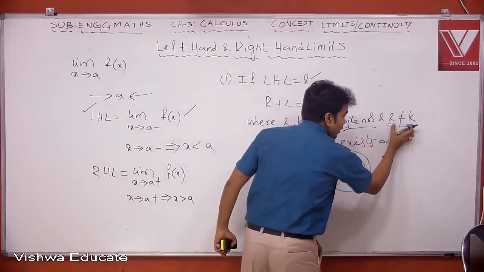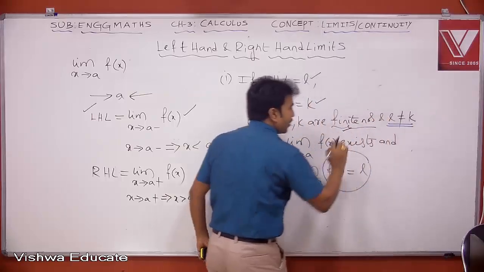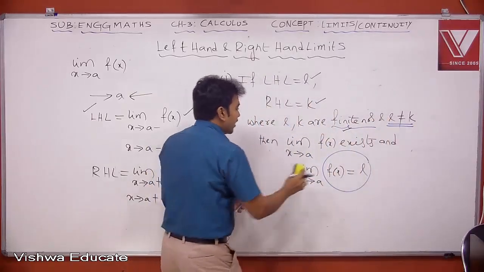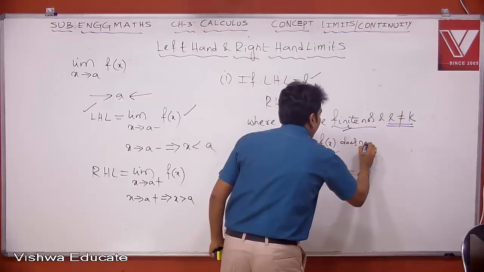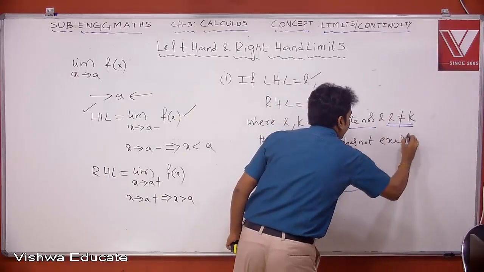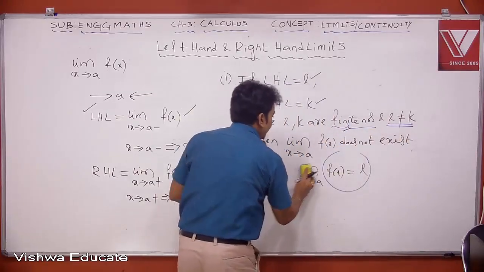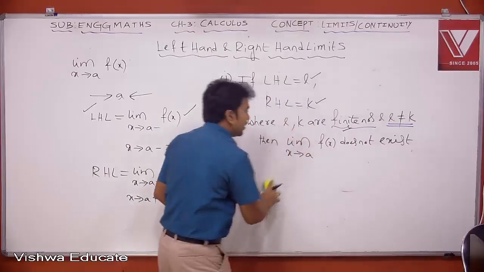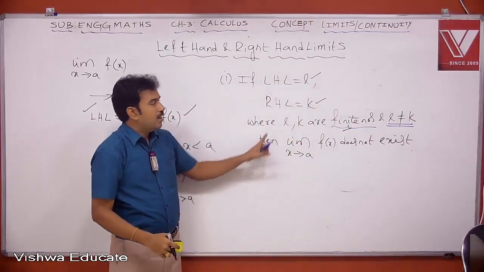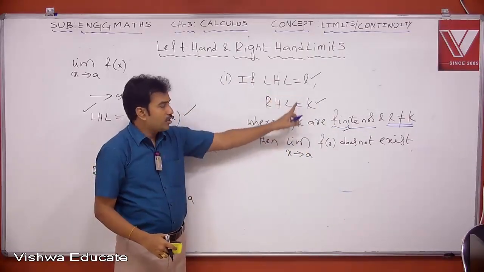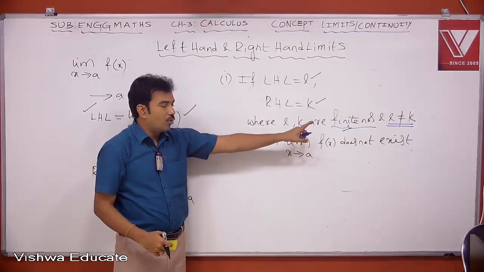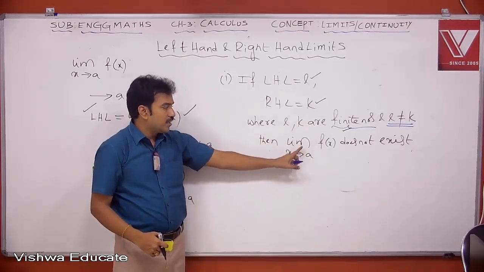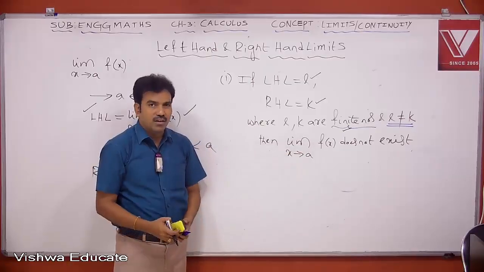But the problem comes at this place. Here L is not equal to K. In that case, the limit as x tends to a of f of x does not exist. So this is one possible case where the limit value does not exist.